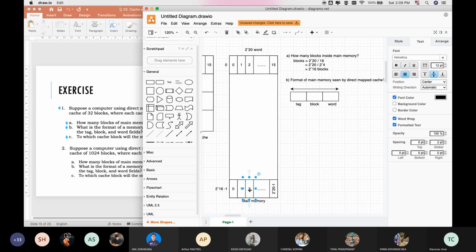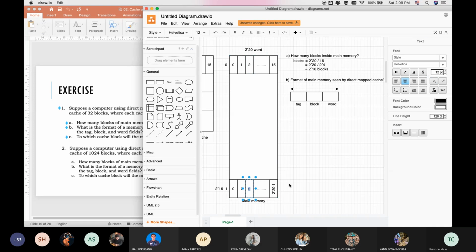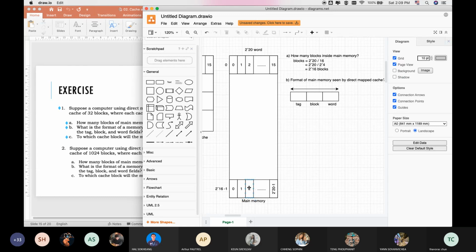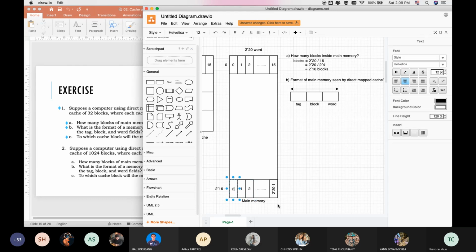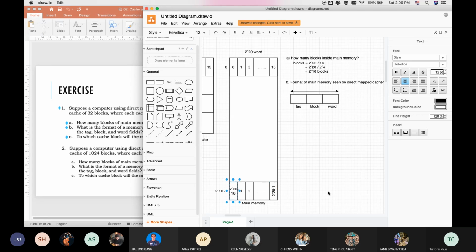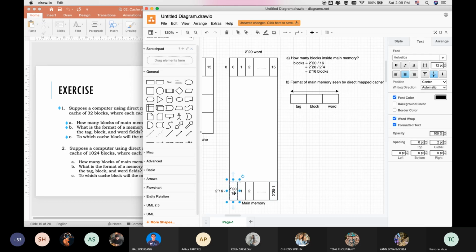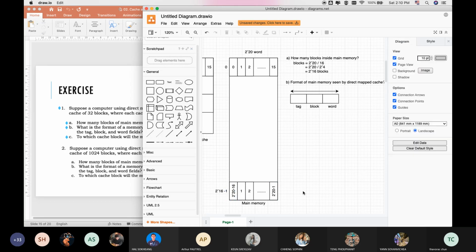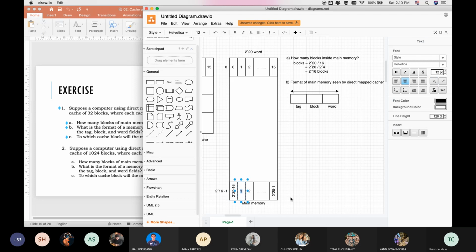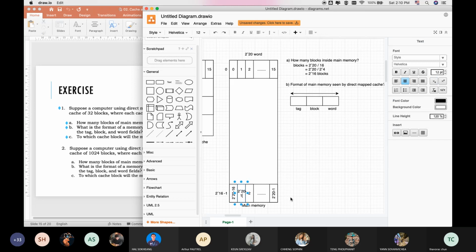Okay, and here it should not be 2, but, let me think a bit, this should be 2 power 20 minus 16. Yes. This should be 2 power 20 minus 15.